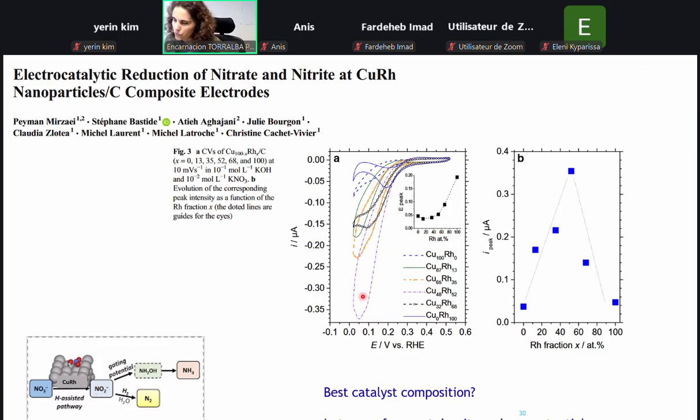So I have this kind of response with different compositions. Here they are changing the bimetallic composition. So, question for you. Which is the best catalyst here among all of these? Which composition? Just to see if you are awake.